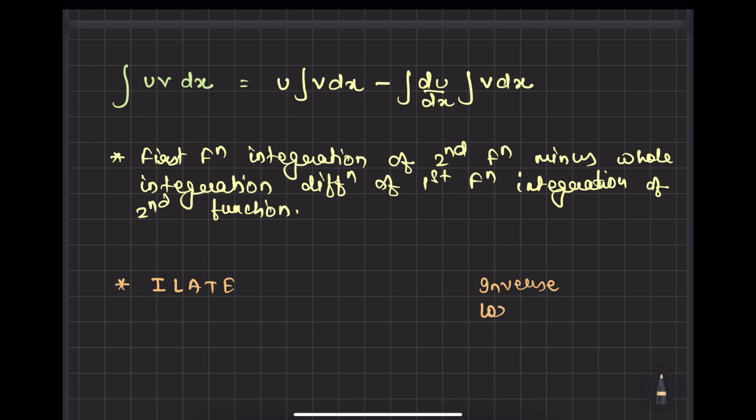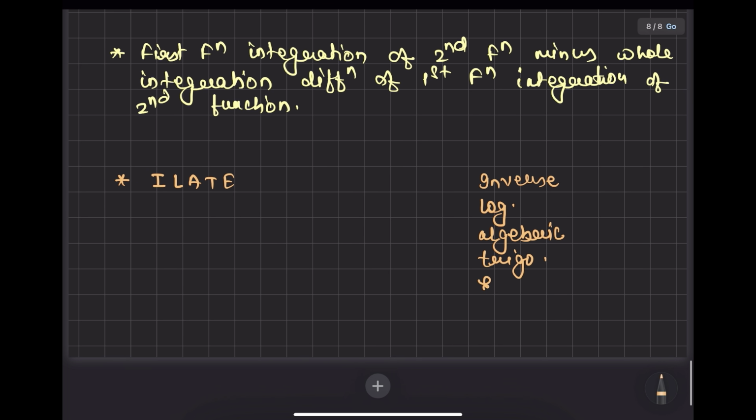Then L is logarithmic function, A is algebraic function, T is trigonometric function, E is exponential function. So if you get, suppose, an inverse trigonometric function and a trigonometric function, you will keep the inverse function as the first function. So priority will go this way.